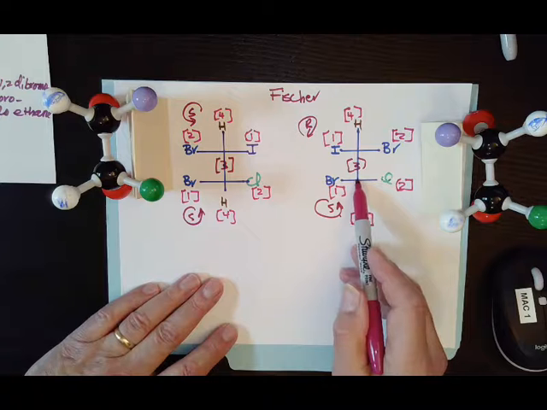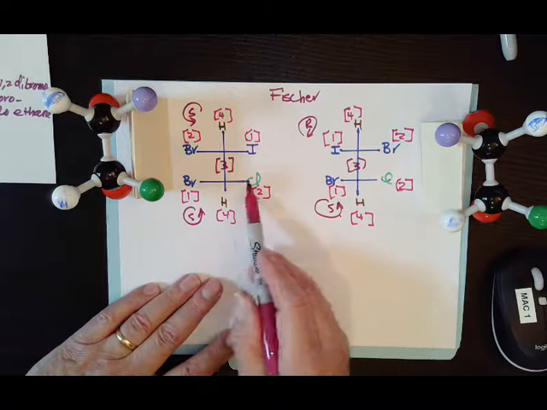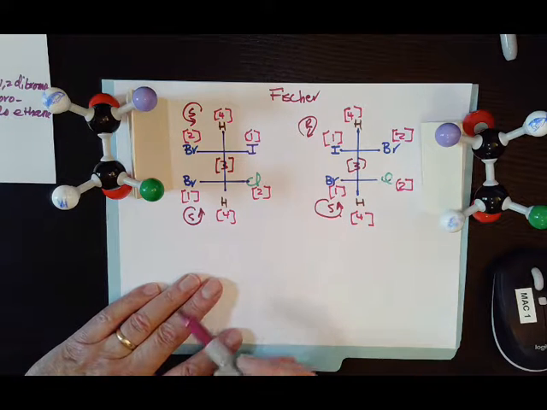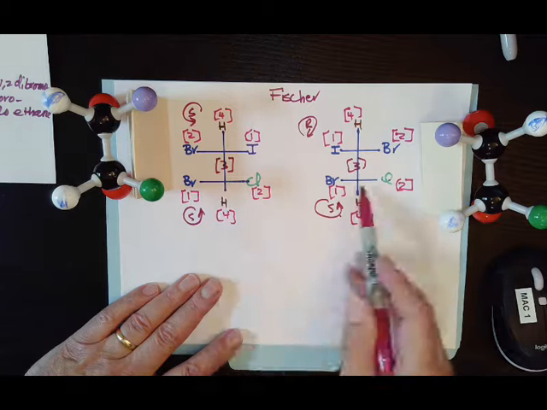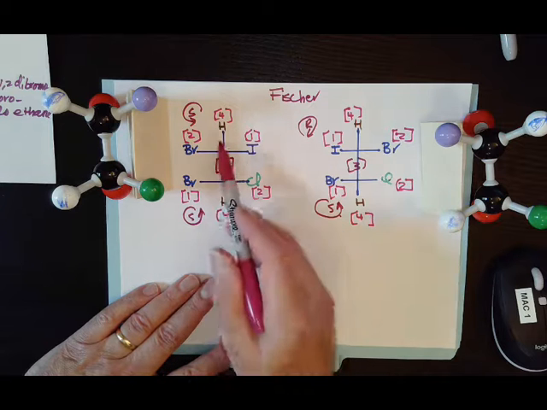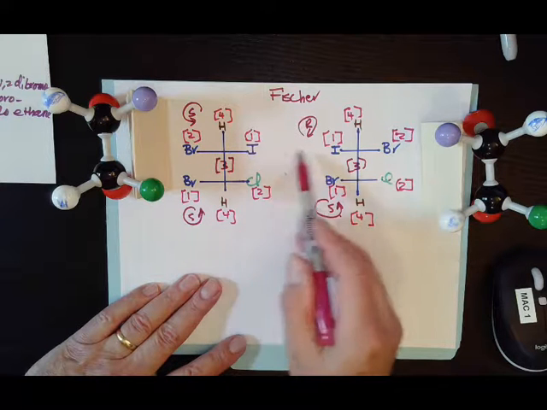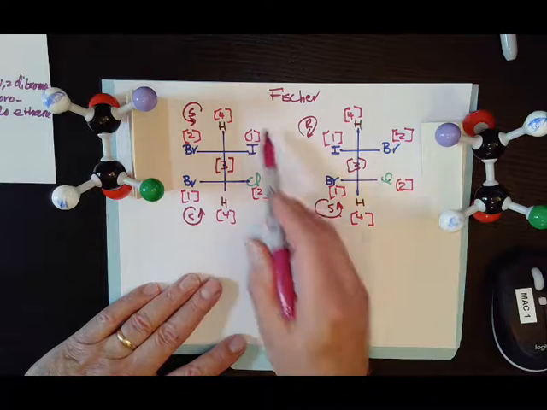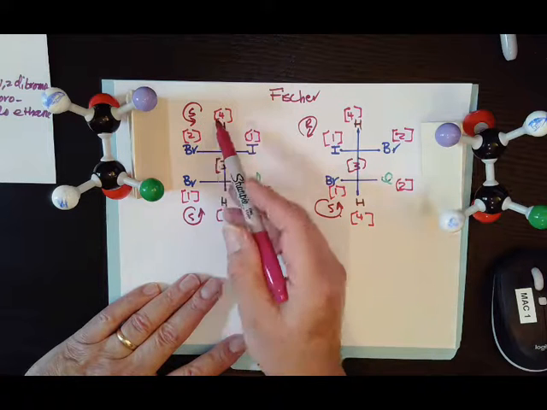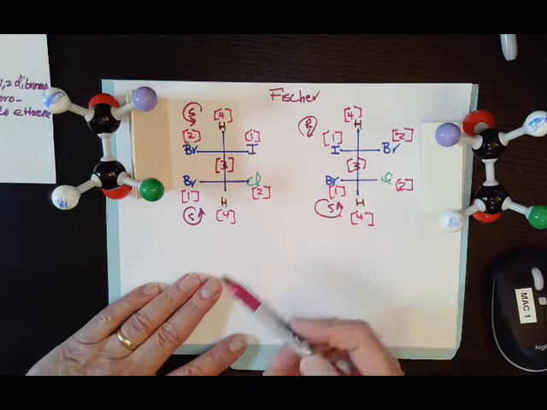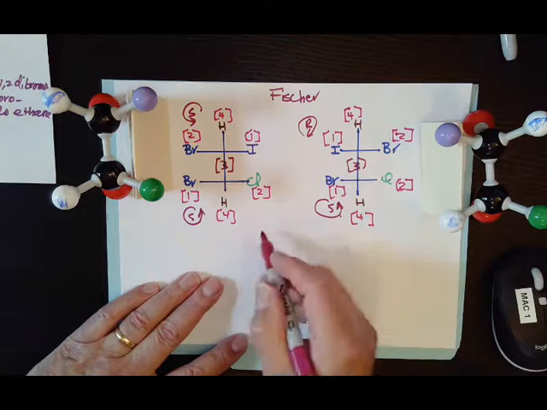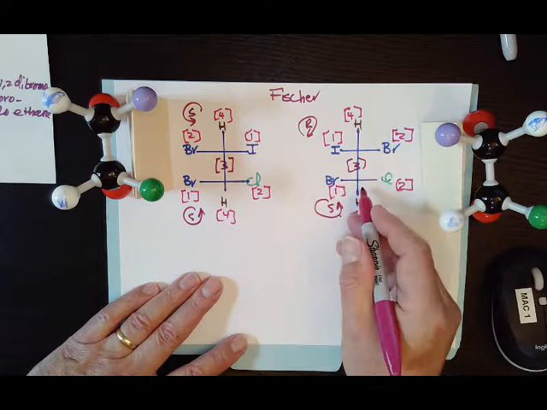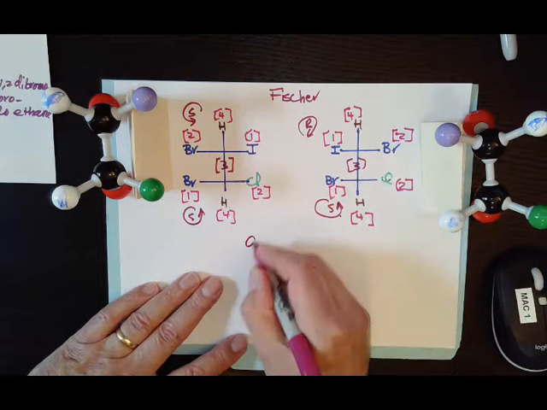If you look at this carbon and this carbon, you can see the pattern is the same: Br, Br, Cl, Cl. And we know if this was S, this is S. The pattern is the opposite. We know I and I are close to each other, Br and Br away from each other. If this is S, we don't know, but if it's S, this should be R. So again, like before, if for these two, one carbon is a mirror image and the other one is the same, they are diastereomers.